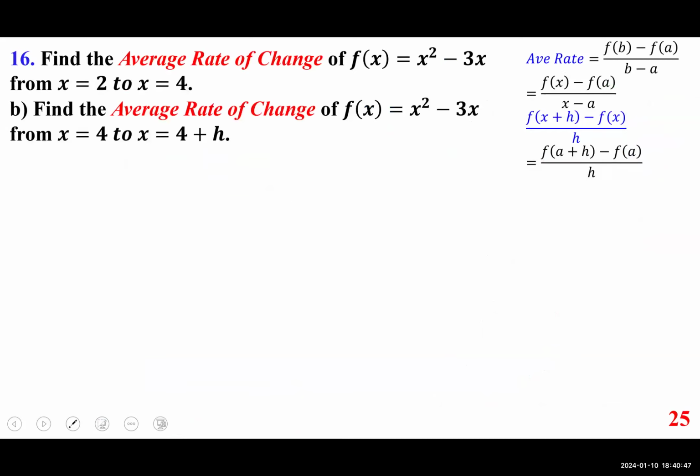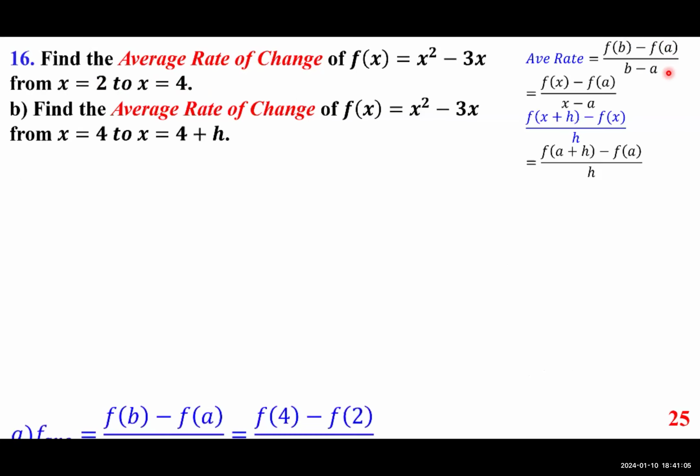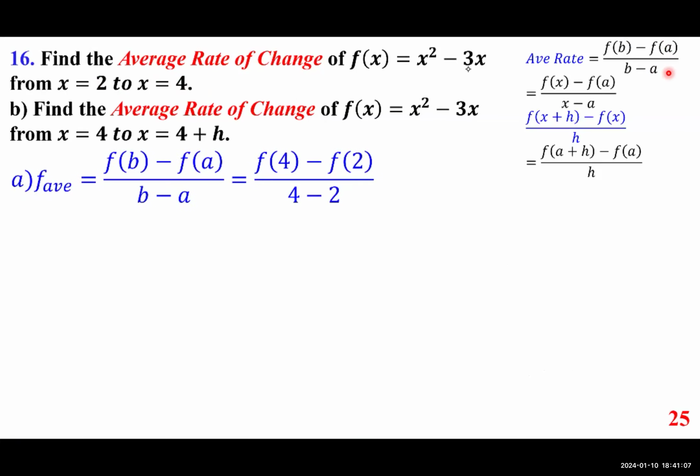We want to find the average rate of change of f of x equals x squared minus 3x from 2 to 4. Again, the same thing that we've discussed. That means f of 4 minus f of 2 over 4 minus 2. And this is the function. So plug in 4, we get 4 squared minus 3 times 4.